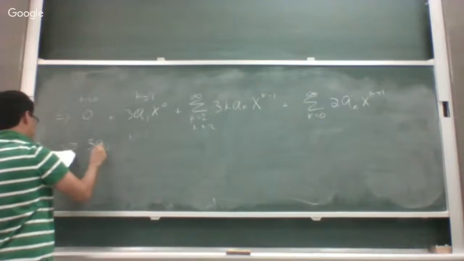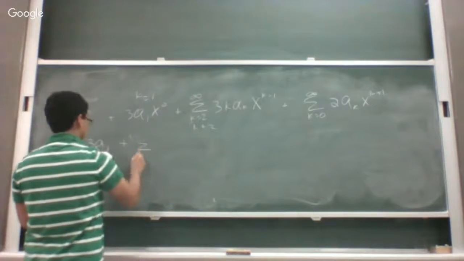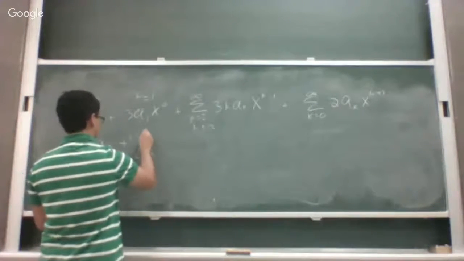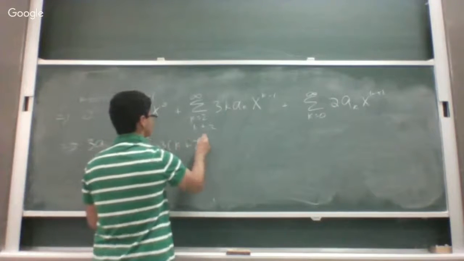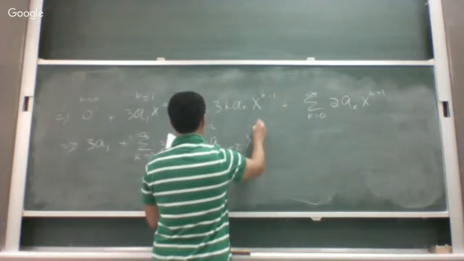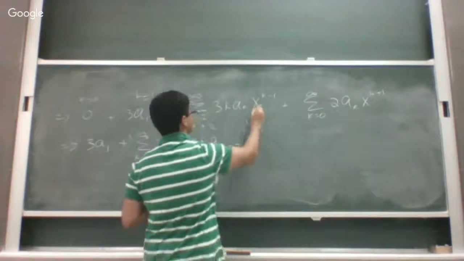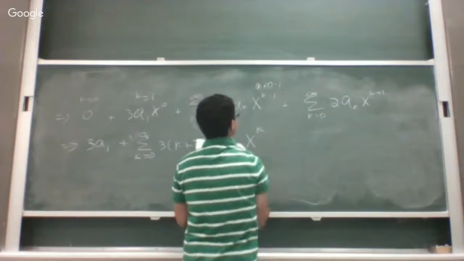So we can say 3 times a1 plus the summation of k equal to 0 going to infinity of 3 times k plus 2 times a sub k plus 2 times x to the k, because this would be k plus 2 minus 1.